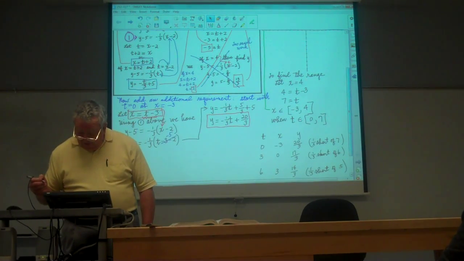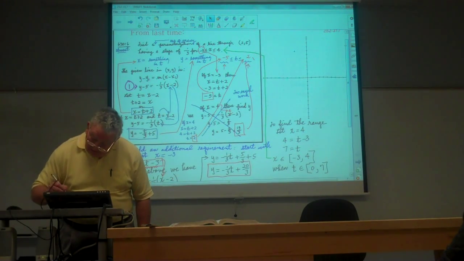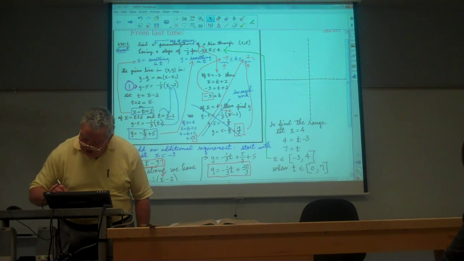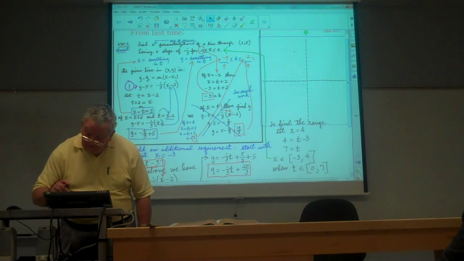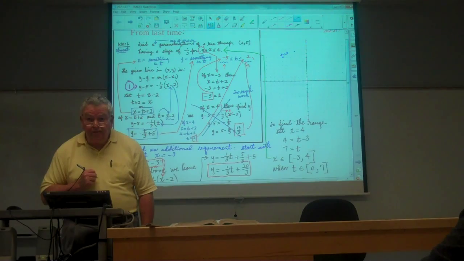This is the point t equals 0, is it not? Everybody agree?